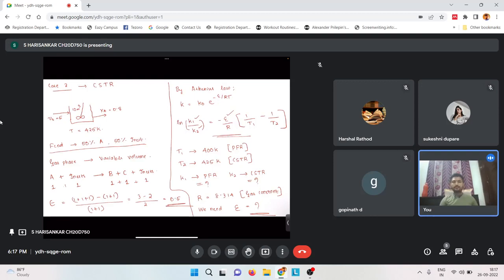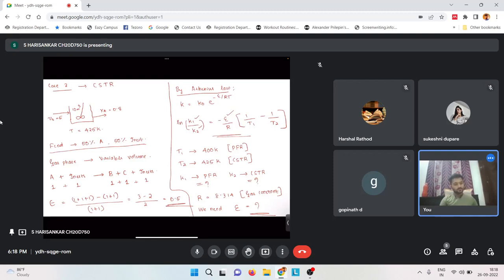They have said that this system follows Arrhenius law. So by Arrhenius law, we have the equation K is equal to K0 e raised to minus E by RT. And if we take the ln of it, ln K1 by K2 is equal to minus E by R into (1 by T1 minus 1 by T2).